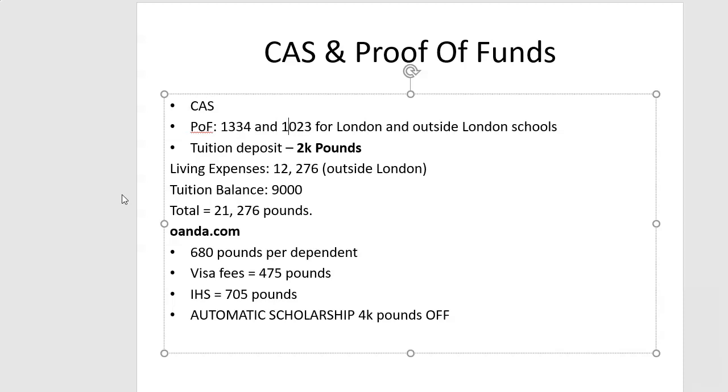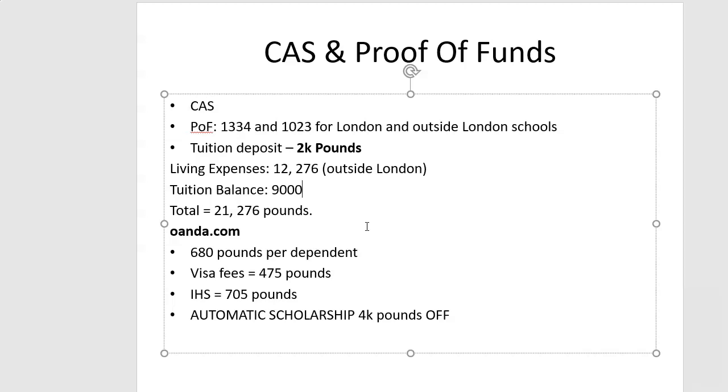So that's £9,000. Your living expenses for a year, outside London, come to £12,276. Once you calculate both together, you have £21,276. The UK government expects you to have this money in your personal bank account for 28 days.